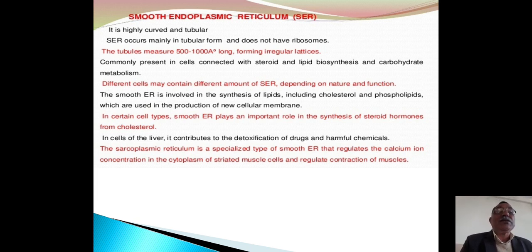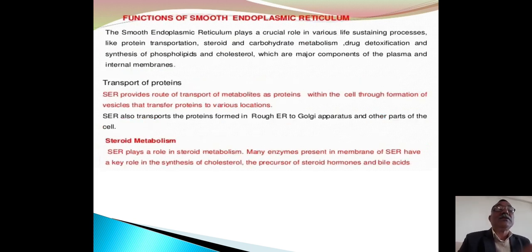In certain cell types, smooth ER plays an important role in the synthesis of steroid hormones from cholesterol. In cells of the liver, it contributes to the detoxification of drugs and harmful chemicals. The sarcoplasmic reticulum is a specialized type of smooth endoplasmic reticulum that regulates the calcium ion concentration in the cytoplasm of striated muscle cells and regulates contraction of muscles.